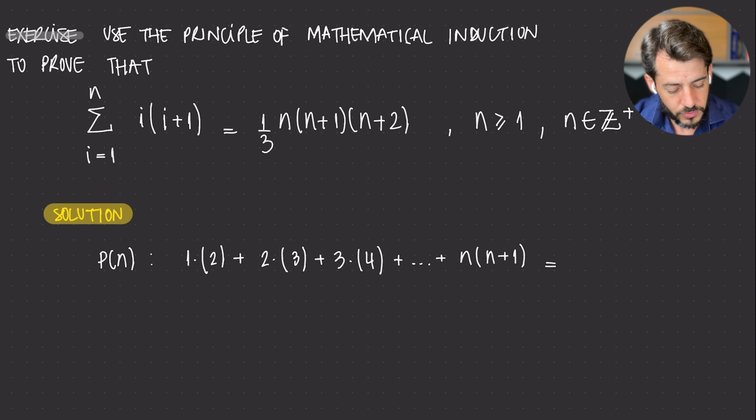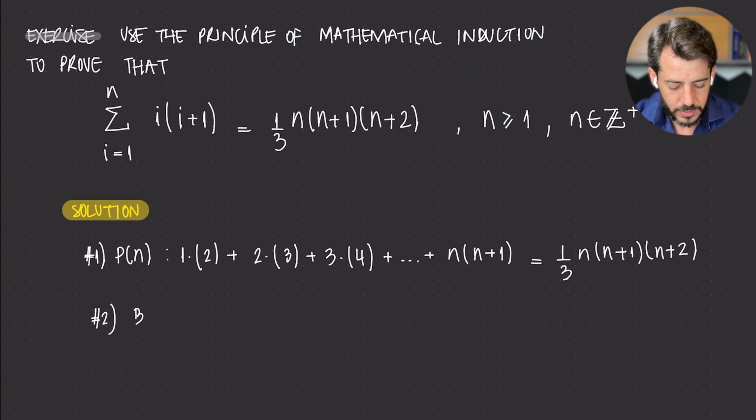And we need to prove that this is equal to 1/3 n (n plus 1)(n plus 2). So this is the propositional function. We pretty much rewrite what's given to us by the exercise, and in this case, we're removing the sum notation, the sigma notation.